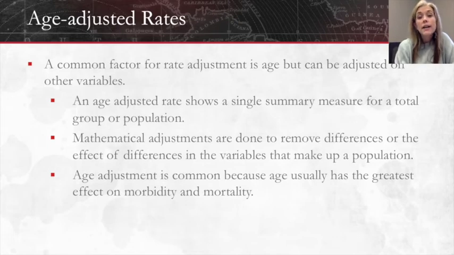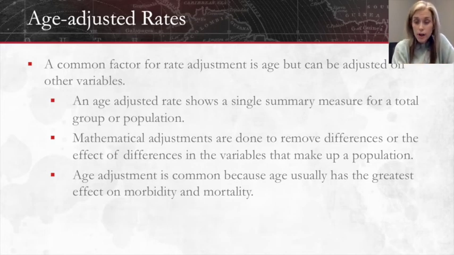So when you're calculating age-adjusted rates in this class, what that means is that you're removing the effects of age in a population, okay? Populations can vary based upon age structures, okay? And what you need is an age-adjusted rate to show a single summary measure for an entire group or population, okay?